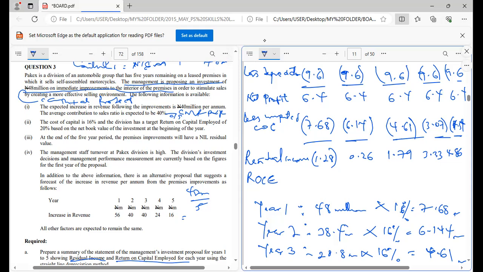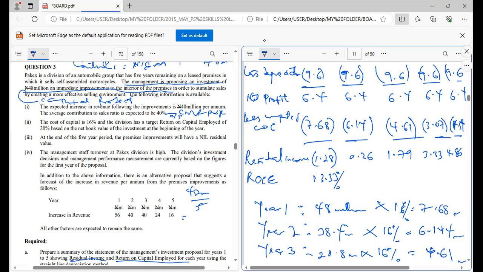What do you have? 13.33%. For ROC, you put your percentage at the back. You don't just say 13.33, there must be a percentage.